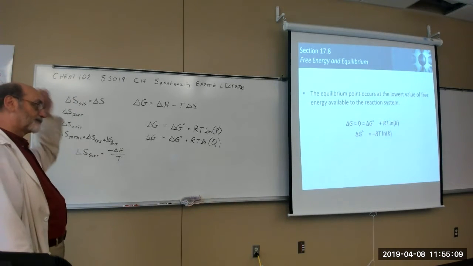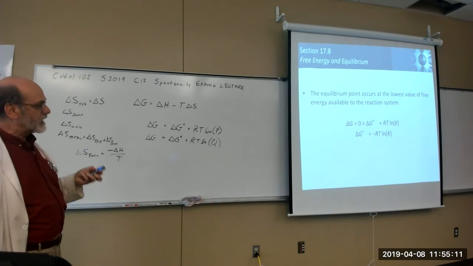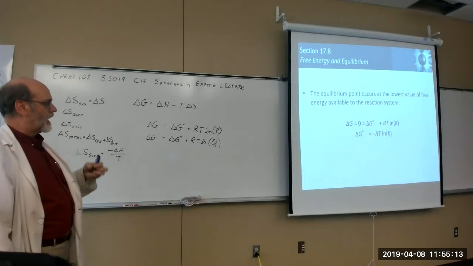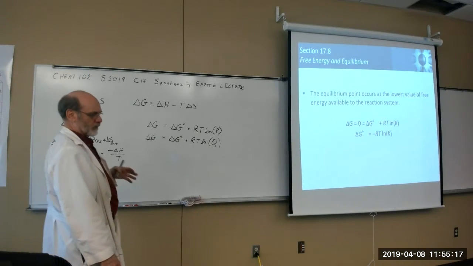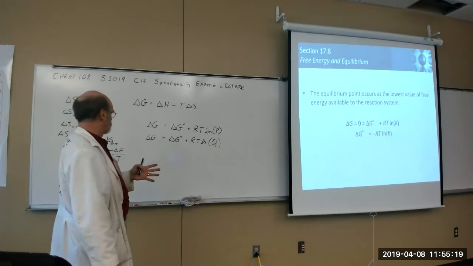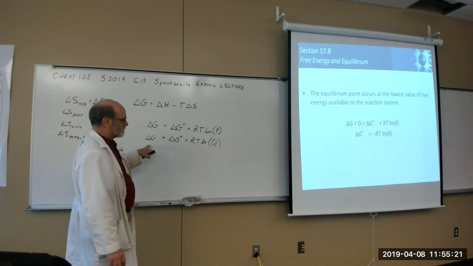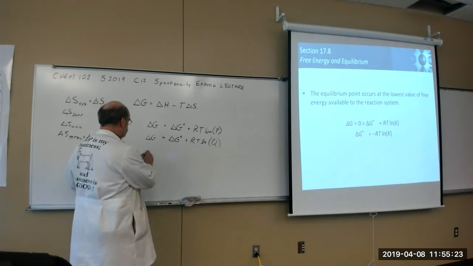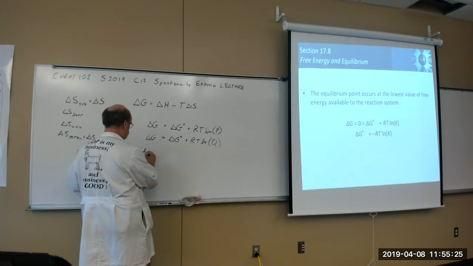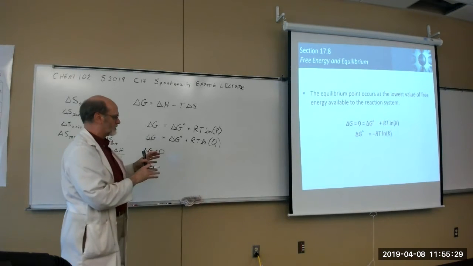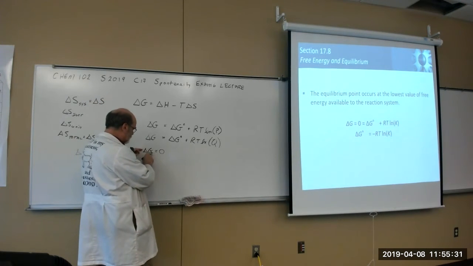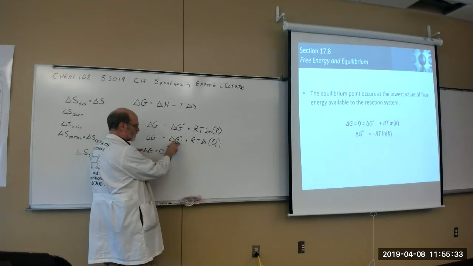So the equilibrium point occurs at the lowest value of free energy available, a local minimum. So this delta G would then be 0 under the given conditions. Now that's to draw a distinction between delta G and delta G0.